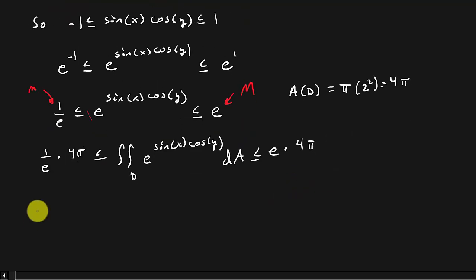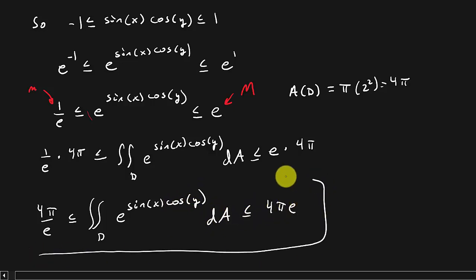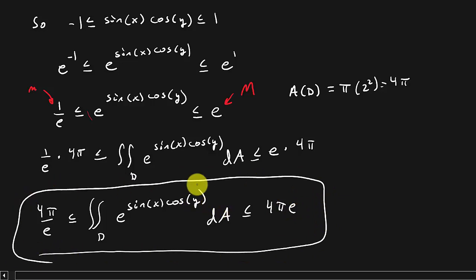I'll just clean it up a little bit. So 4 pi over e is less than or equal to the double integral of e to the sine x cosine y dA, which is less than or equal to 4 pi e. And so there you have it. This integral is between these two values.